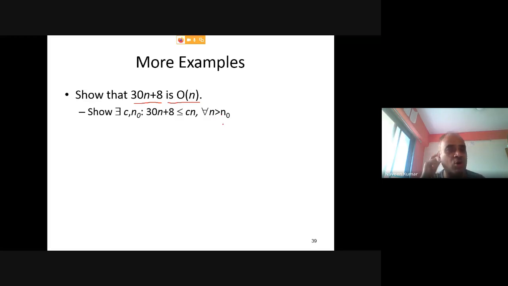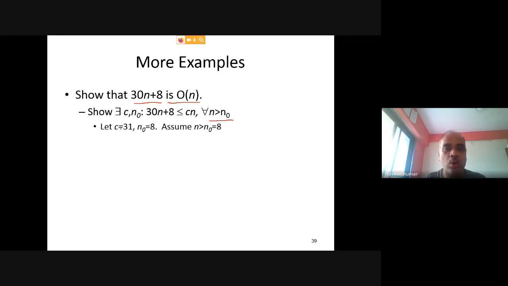It depends how we define it: n greater than or equal to n0, or n greater than n0. Whatever definition we have fixed, we will move accordingly. Here we are taking greater than, as per our definition.